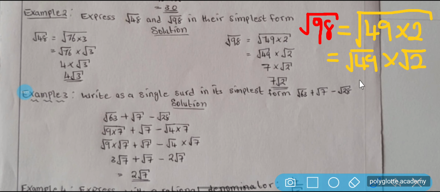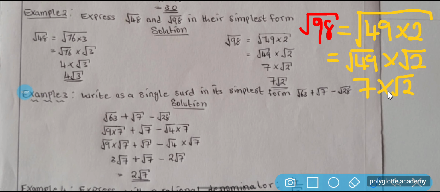We know the perfect root, the exact root for 49. The exact root for 49 is 7, times root 2.